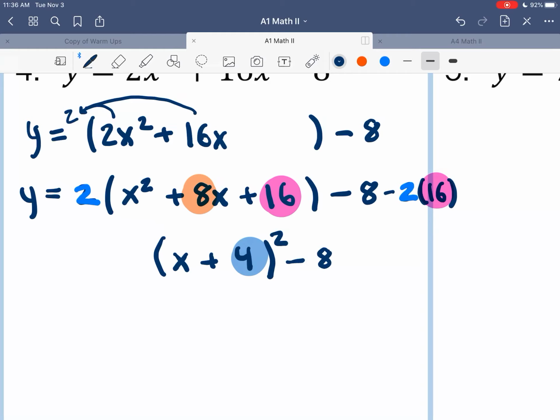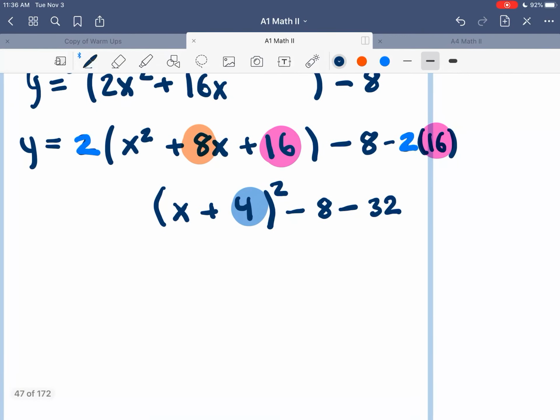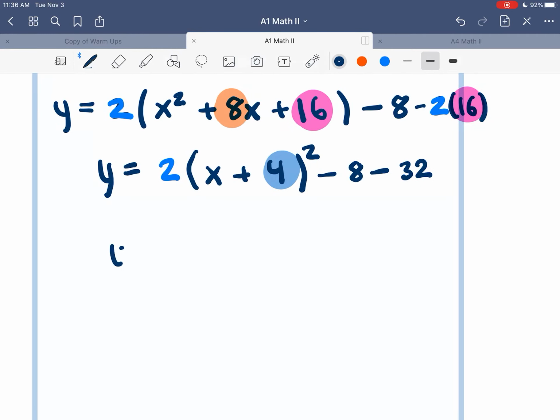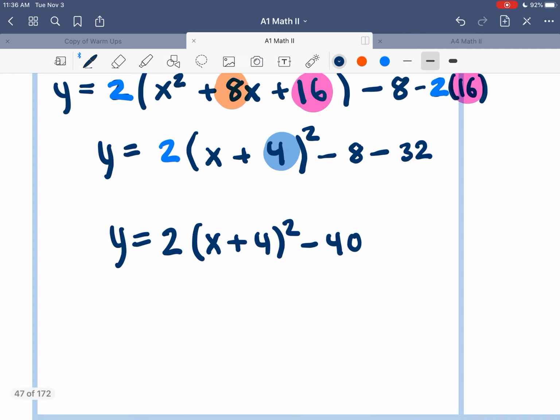So I'm just going to put a little middle step here so that I can keep track of what I'm doing. This 2 also stays in front of the whole equation. It doesn't just disappear, it still has to be there. It actually becomes our a value in our vertex form. So this is minus 40 on the outside.